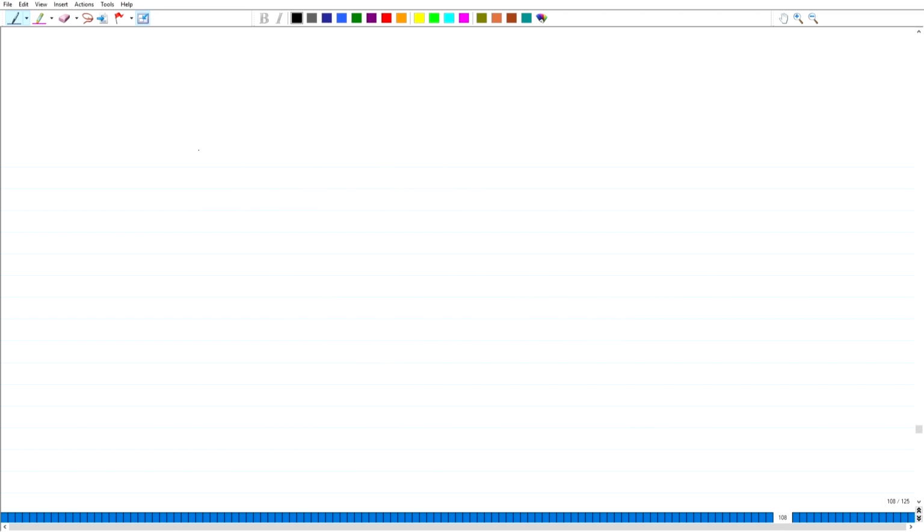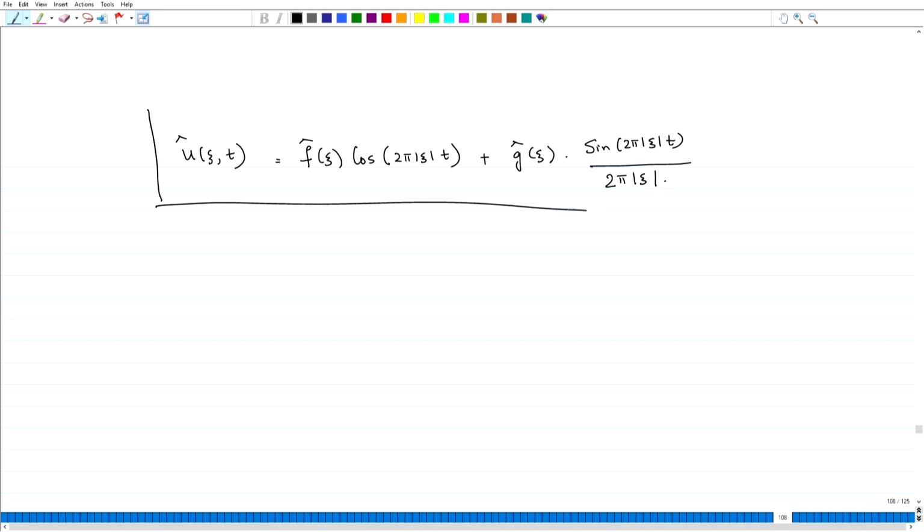Now if we plug in the values, then u hat of xi comma t is equal to f hat of xi cos 2 pi mod xi t plus g hat of xi by 2 pi mod xi times sin 2 pi mod xi t. This is what u hat is.